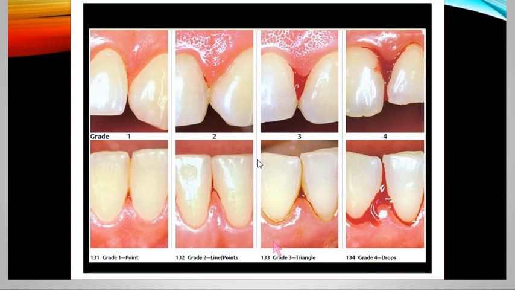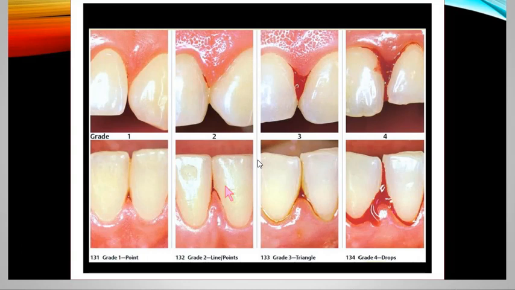And so in my practice, we've agreed as a team that line bleeding, 4 or more sites of line bleeding, 4 sites is our barometer. If a patient has more than 4 sites of bleeding, we are recommending some periodontal therapy. We might recommend them coming back in 6 weeks just to see if they can beef up their home care.